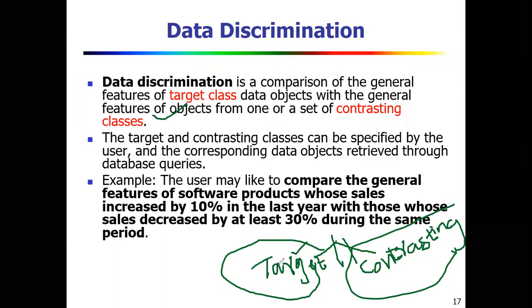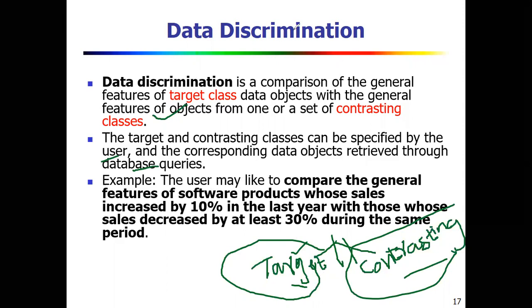The target and the contrasting classes both can be specified by the user. The corresponding data objects are retrieved through database queries.